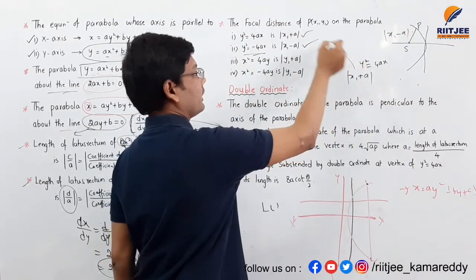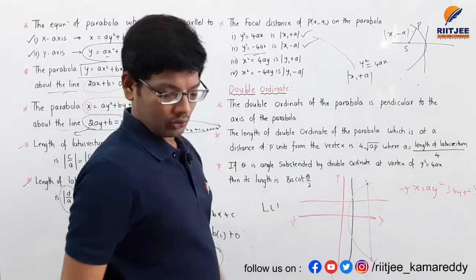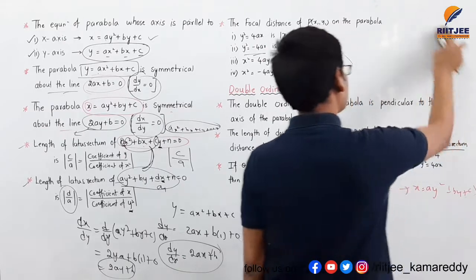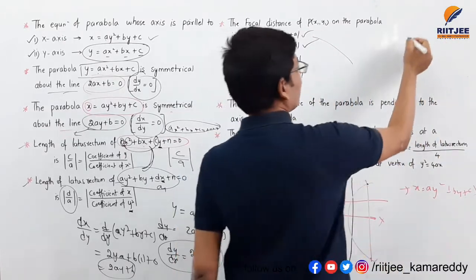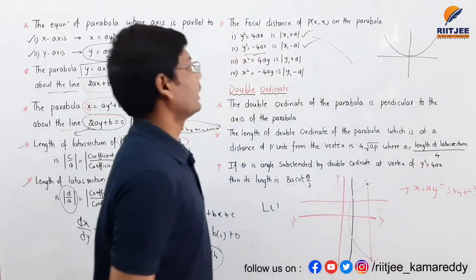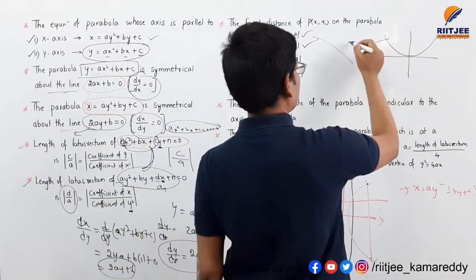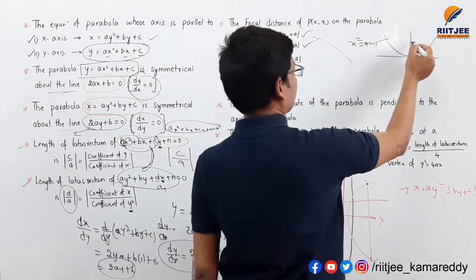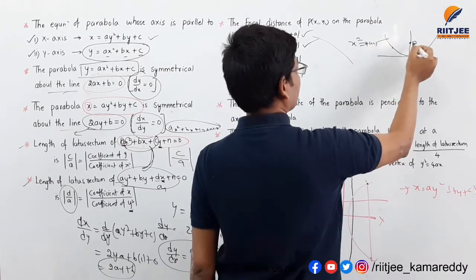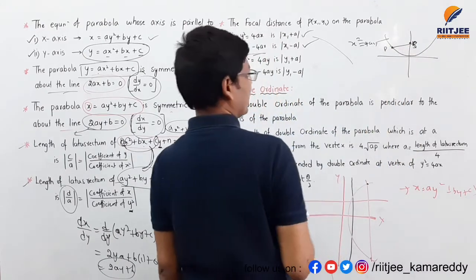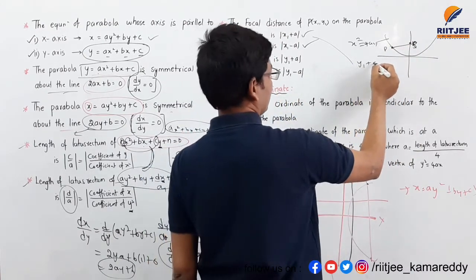The next one is x square is equal to 4ay. If the parabola is passing through the origin and its equation is x square is equal to 4ay, then for the focus and a point on the parabola, the length of the focal distance is modulus of y1 plus a.